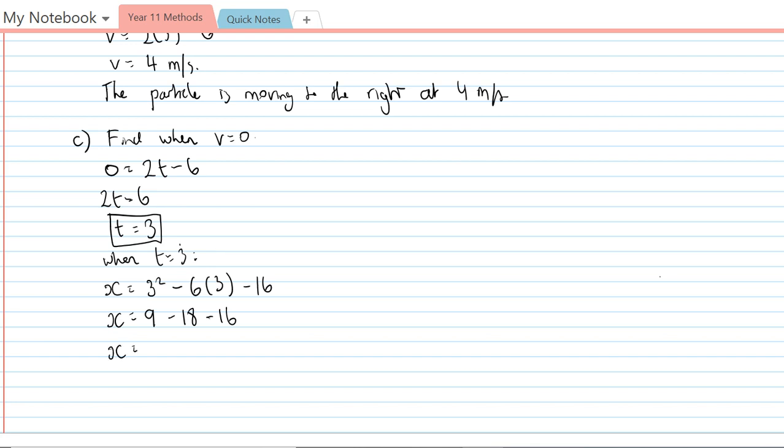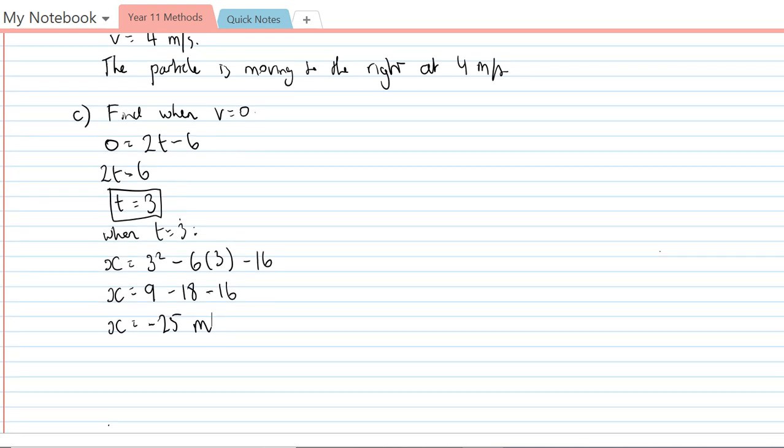And so 9 minus 18 is negative 9, and then take away another 16 is going to be negative 25. And that's measured in meters because it's the displacement. So if x is negative 25, that means the particle is 25 meters to the left of the origin.